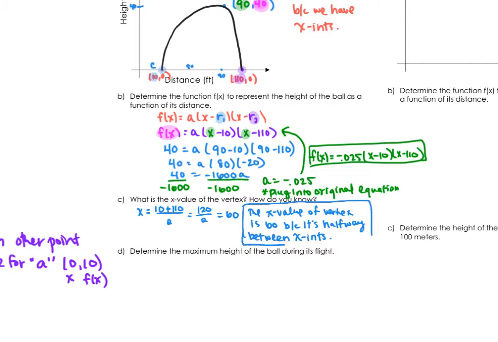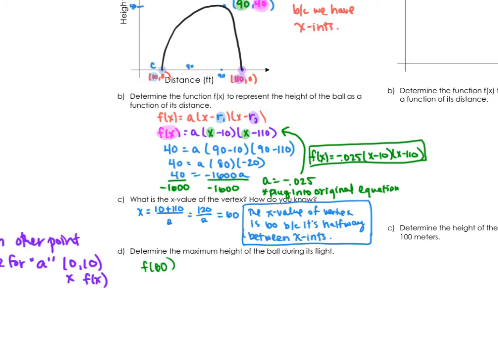So then we can use this information to answer part D, where it says determine the maximum height. Remember, the maximum height happens at the axis of symmetry, which we found in the previous one. So what we're going to do is plug 60 into our equation. So f of 60, and we're going to plug that into this equation right here.